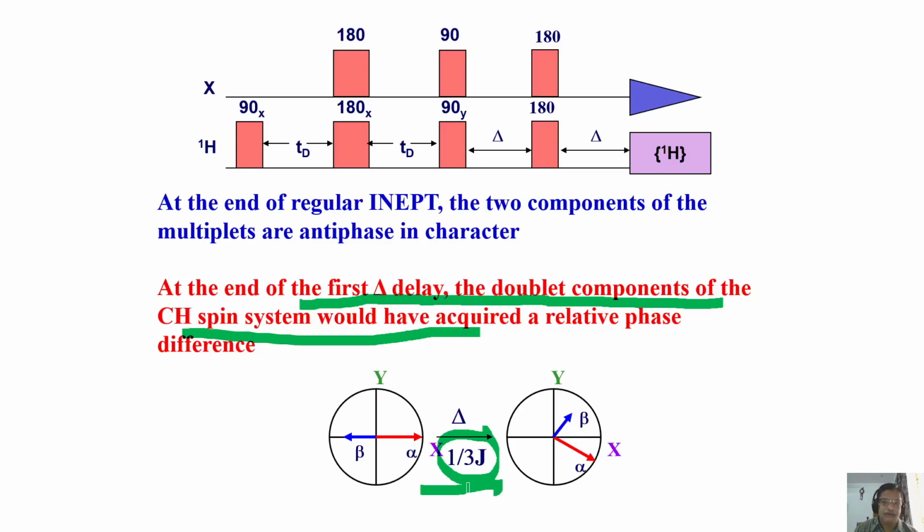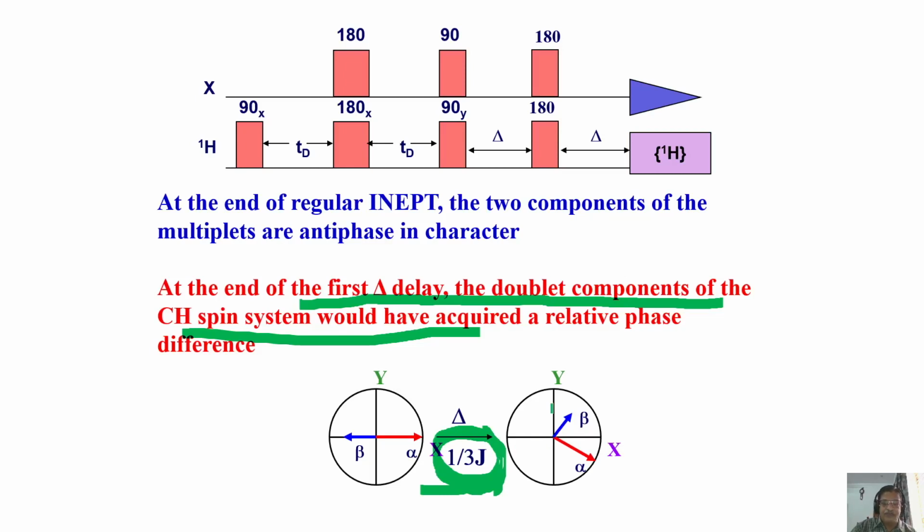I once pointed out that in carbon-13 NMR, coupling strengths are different. So what to do? How do you adjust the delta? By and large, you have to assume they are nearly equal and take the average. 1/3J is by and large known to be good. It serves your purpose. Put in the delay. When you put 1/3J, what happens?